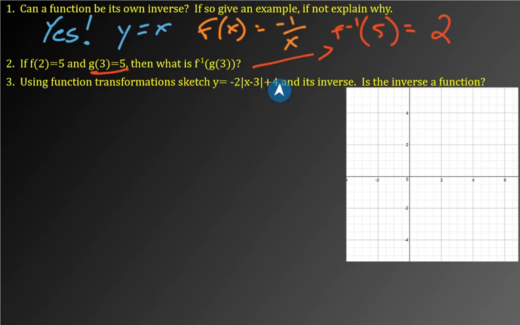And then last but not least, that's a shift up 4. So if I graph what that would be, I get this. And so if we think about that thing, we can see that this thing is going to be just like a quadratic. It'll fail the horizontal line test. And so its inverse would not be well-defined.